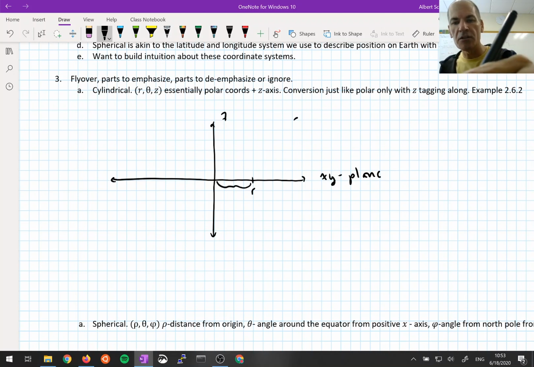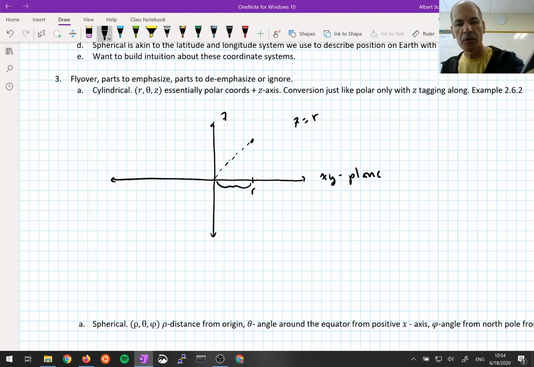And in this equation, z equals r, what we're saying is that if I'm on this equation, the height above the xy plane is equal to the distance from the z-axis. So that leads me to a point like this. Look at this point, right?